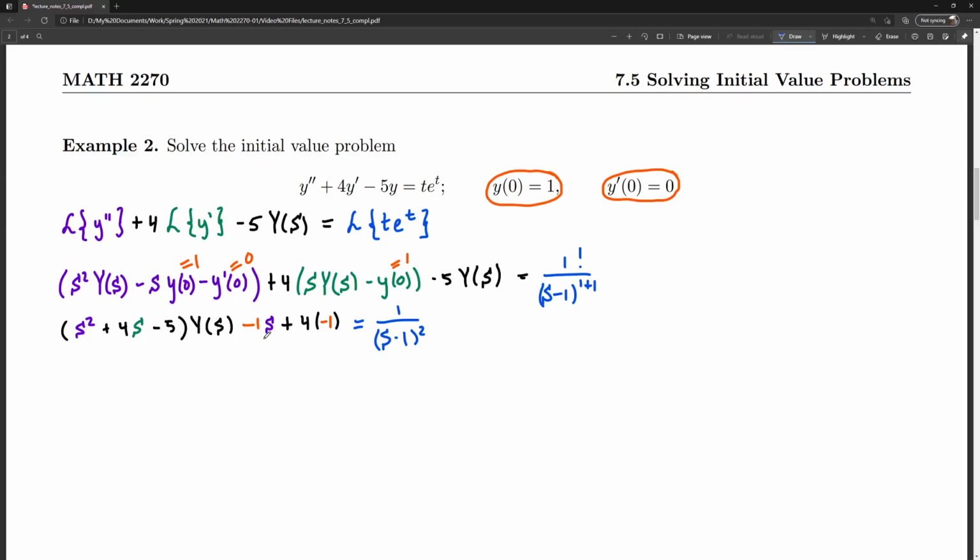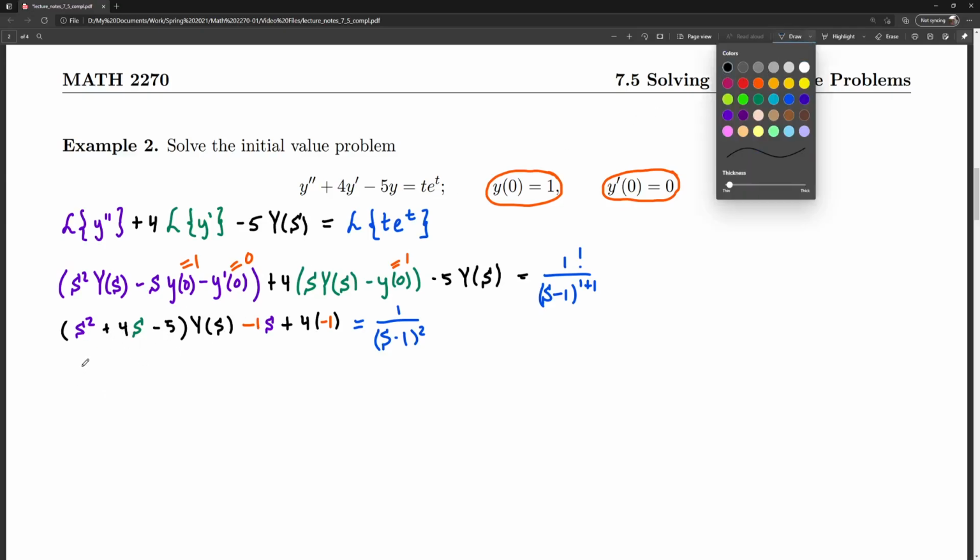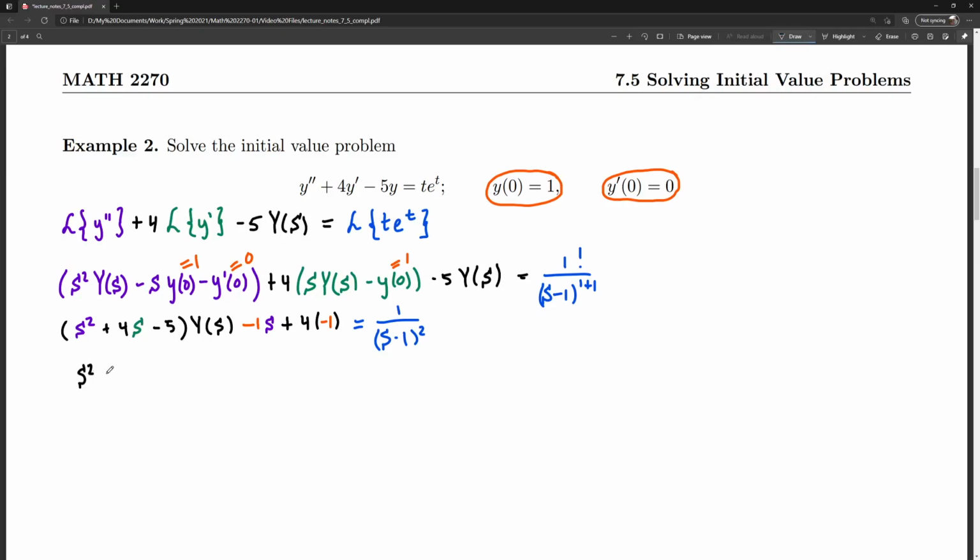Okay, we're going to bring this to the other side, and we're going to leave this on the left-hand side. So we have s squared plus 4s minus 5 times Y of s, and that is equal to 1 over s minus 1 squared plus s plus 4.